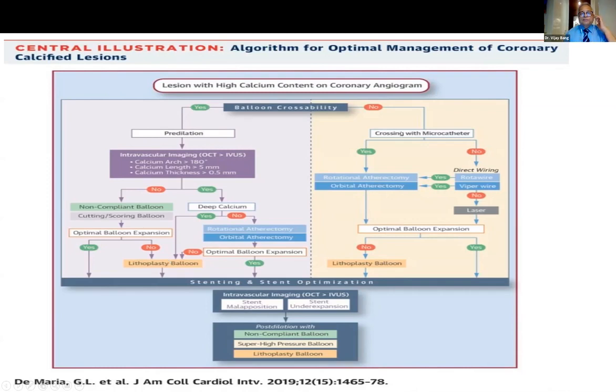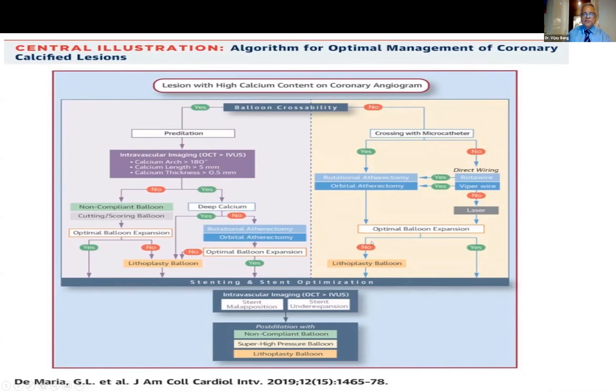On the other side, if the lesion is not balloon crossable, then cross with the microcatheter if possible, cross with the wire and do rotablator. But if even the microcatheter is uncrossable and direct wiring is not possible, then laser is another option, followed by optimal balloon expansion, stent and angioplasty.